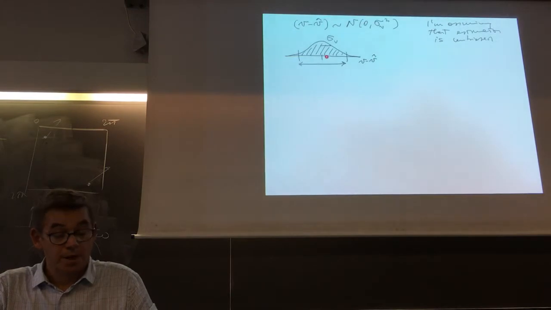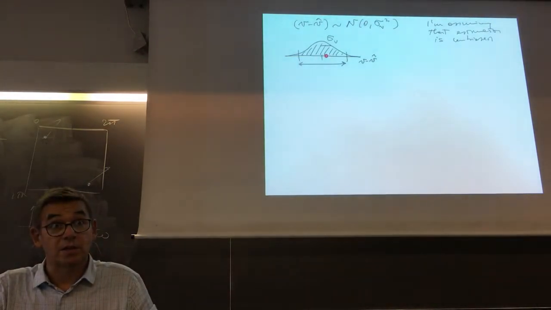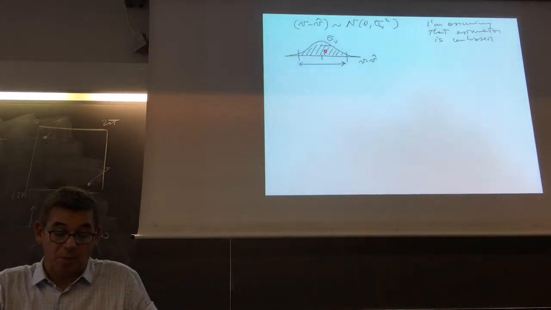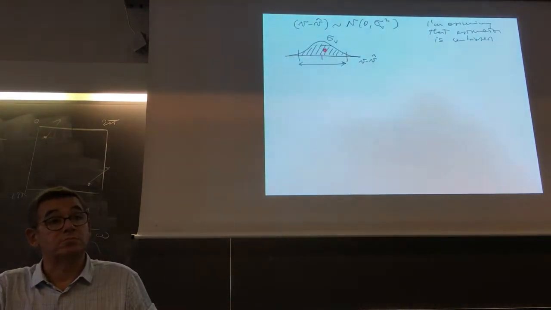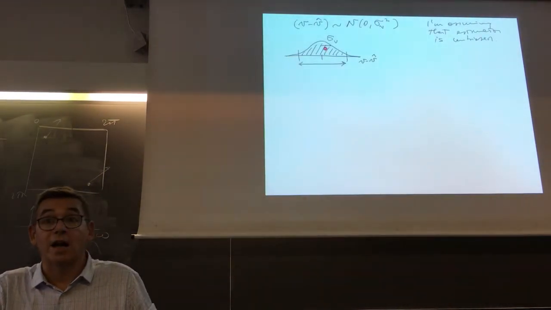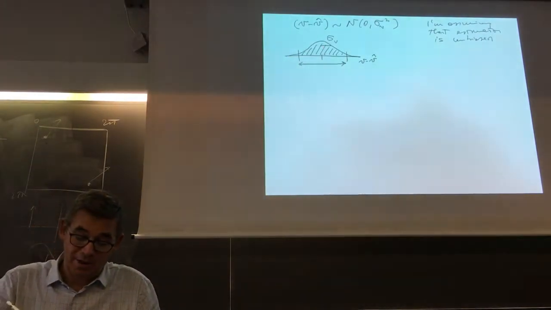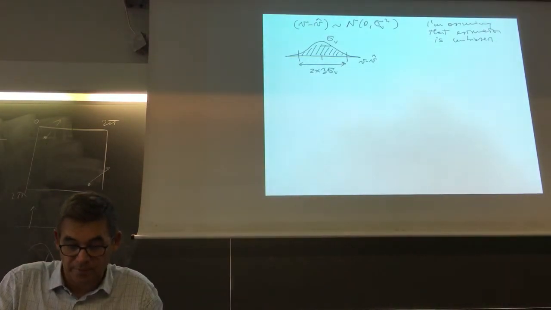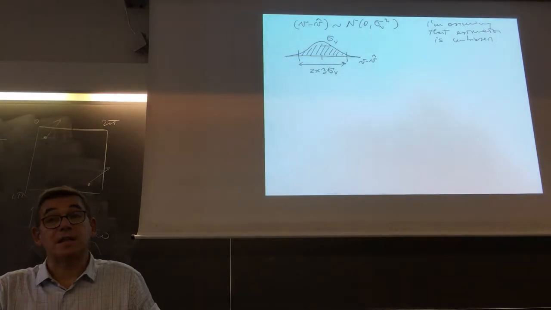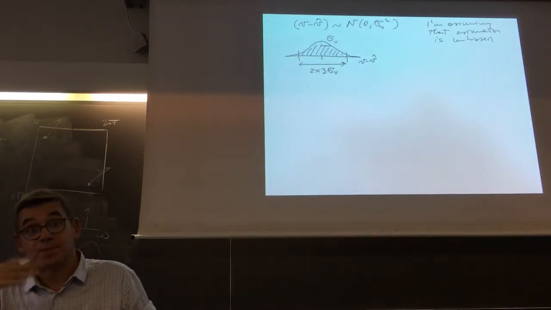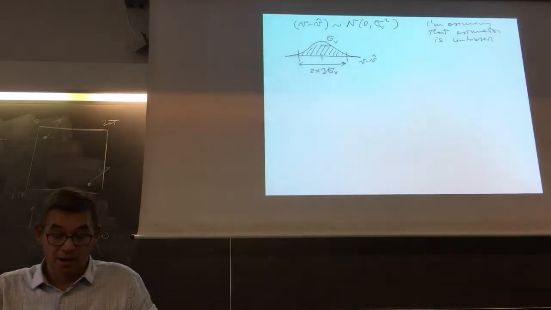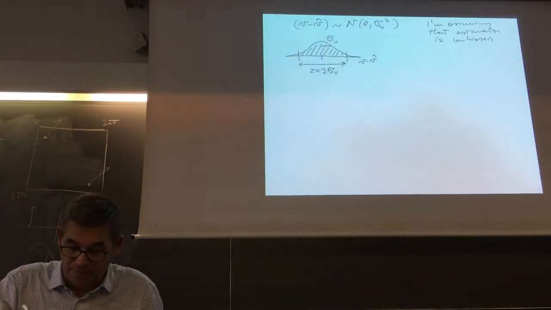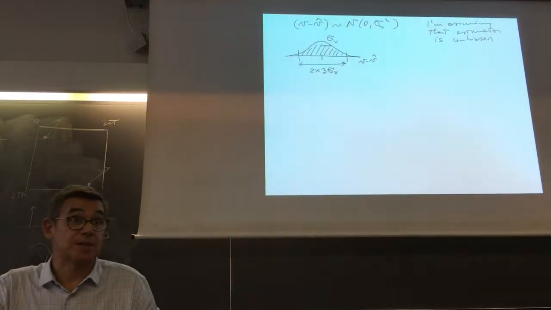So I can assume that this probability is 99.99%, and then this interval is equal to 2 times 3 sigma d. Since my error is 1 meter per second, this total interval is 2 meters per second.